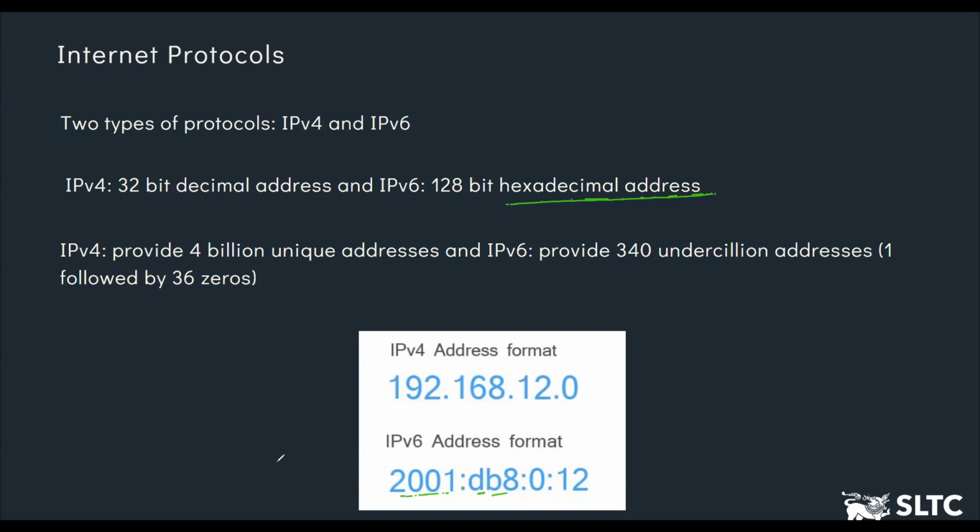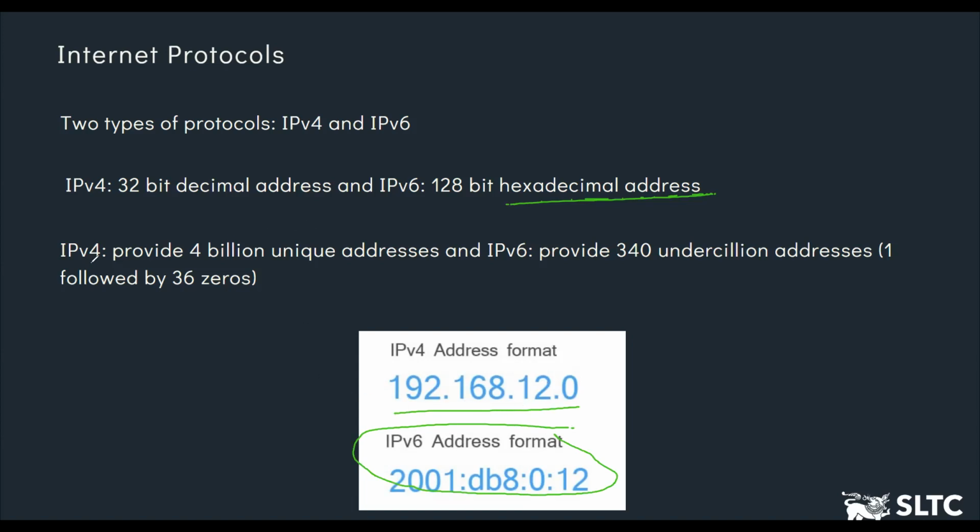So the addresses are denoted differently in IPv4 and IPv6, and we can easily identify the format by looking at the IP address. If it is all decimals, it is an IPv4 address.